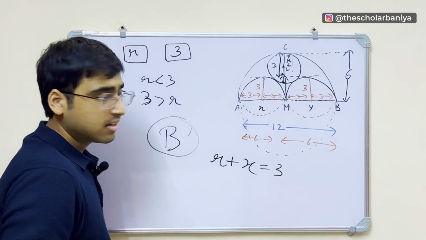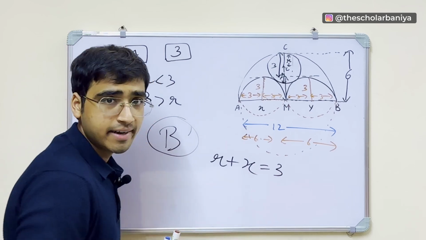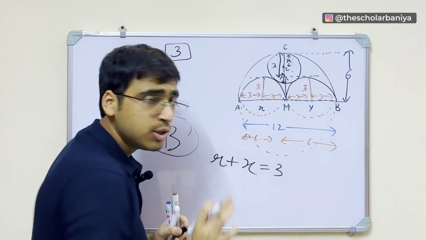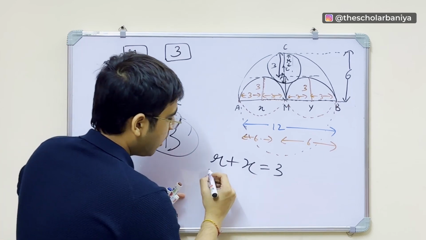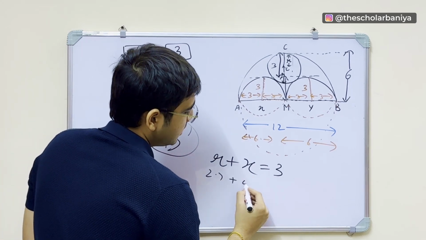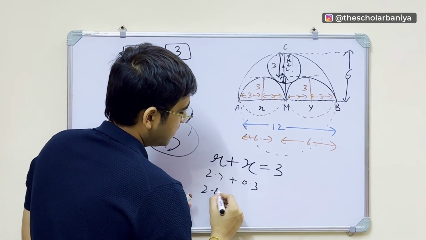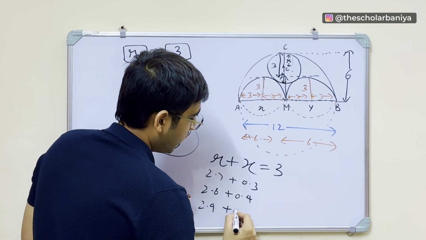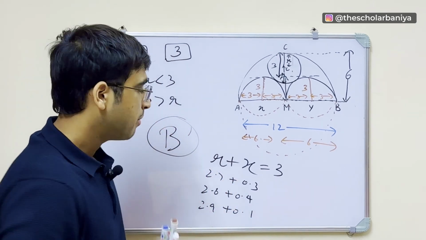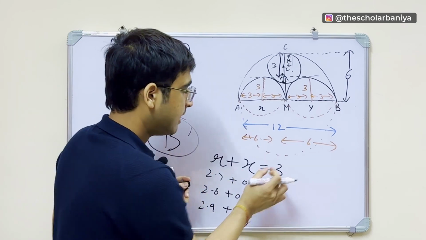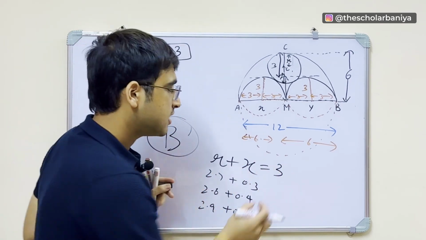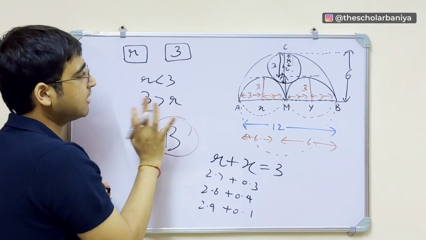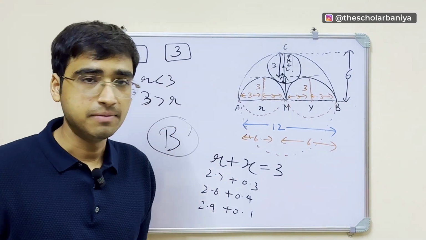What does this mean? Obviously 3 is greater, because if you are adding something to r and then you get 3, that means, for example, r is 2.7 plus 0.3, or r is 2.6 plus 0.4, or r is 2.9 plus 0.1, whatever r is. You are adding something to r and then you get 3, so 3 is greater and r is smaller, right? So 3 is greater than r, and that is why the answer becomes B.